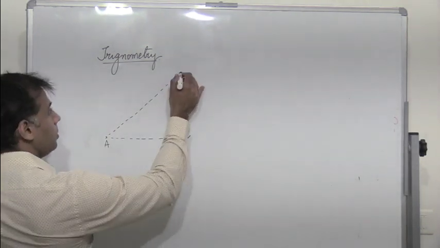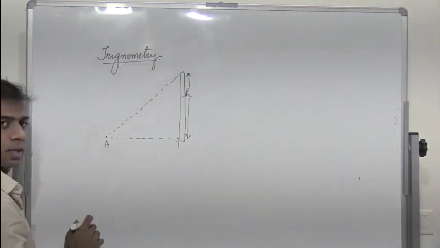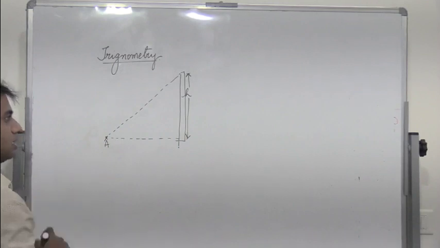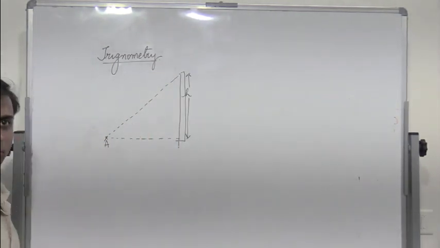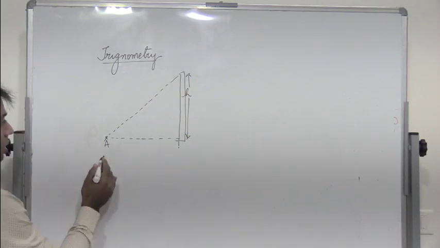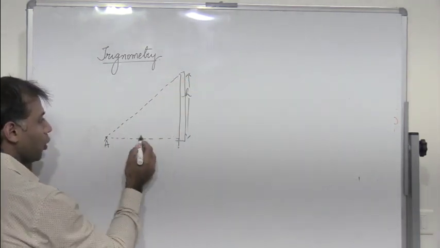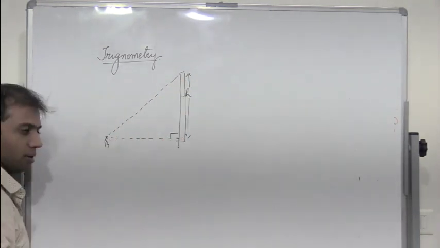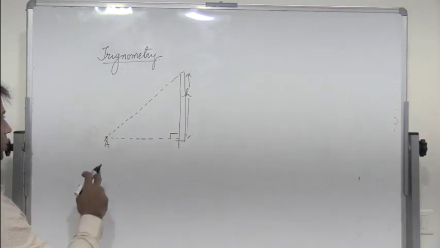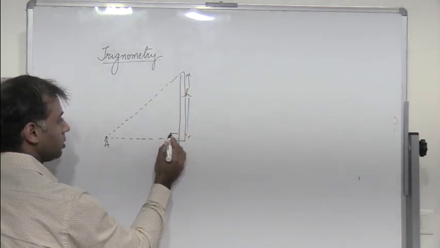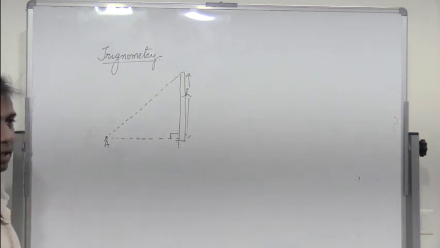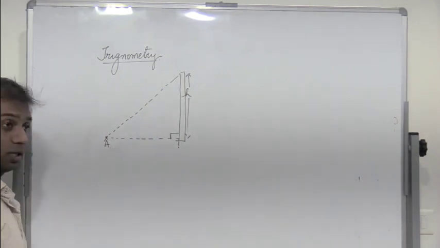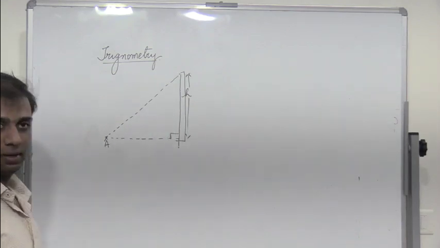So if there is a tall building or a tower, and if there is a person standing here, is it possible for us to find the height of the tower without measuring it, is the question. Now if you observe, this forms a right angled triangle, right? So this is a triangle with 90 degrees, so it's a right angled triangle. So this is one of the examples given here. So the question is, can we find the height?